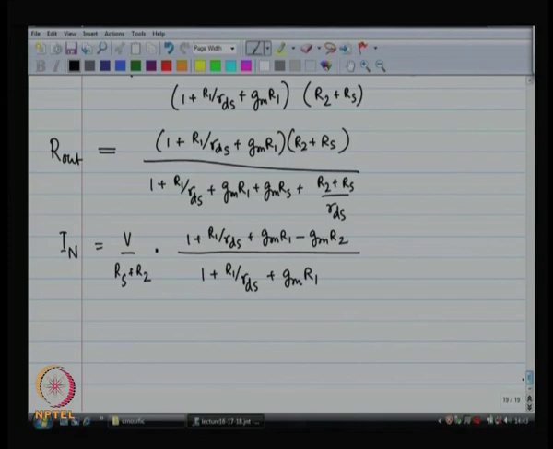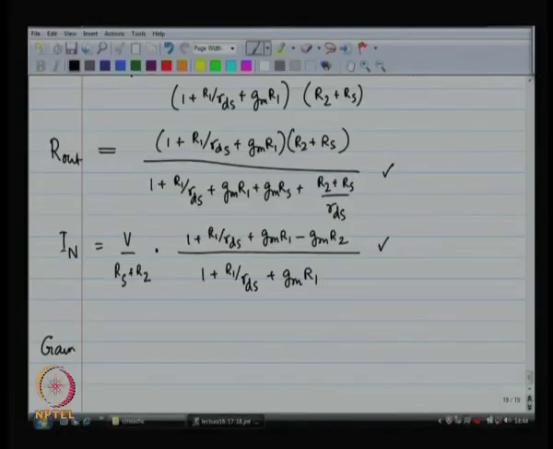All right. So this is my R out and this is my Norton equivalent current. Therefore, for the voltage at the output, you convert the Norton equivalent current to a Thevenin equivalent voltage. Let us say RL is infinitely large, let us not bother about RL.